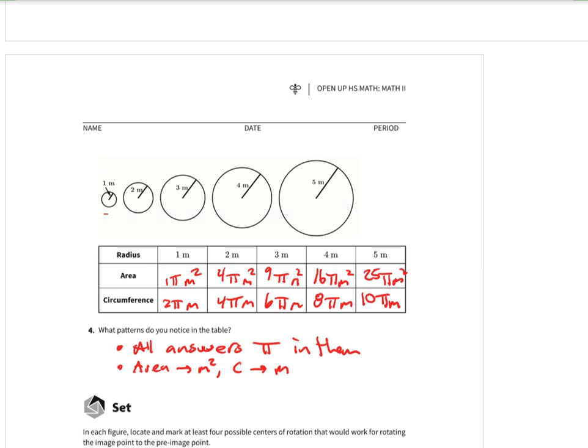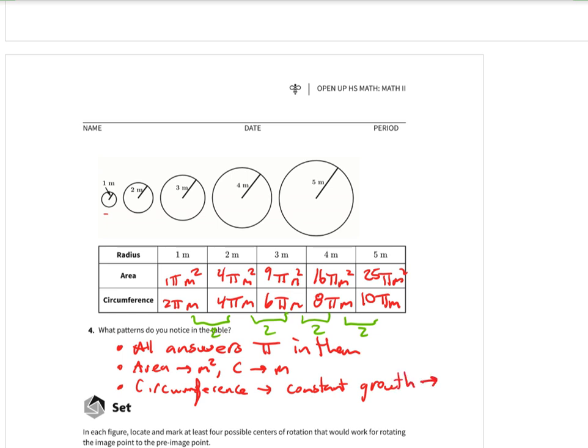Let's see here. The growth for circumference. Right, we've done this in the past, so that goes up by 2, that's up by 2, that's up by 2. So we'll say that for circumference, we have constant growth.